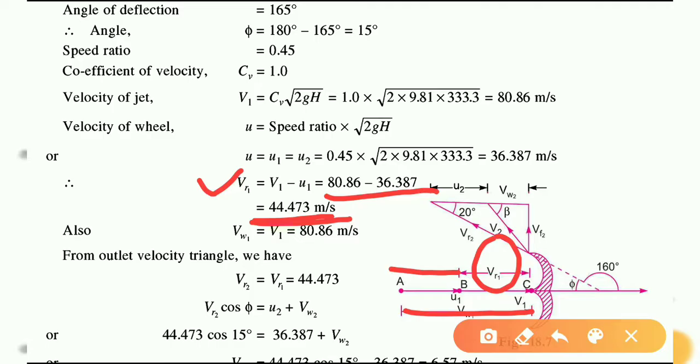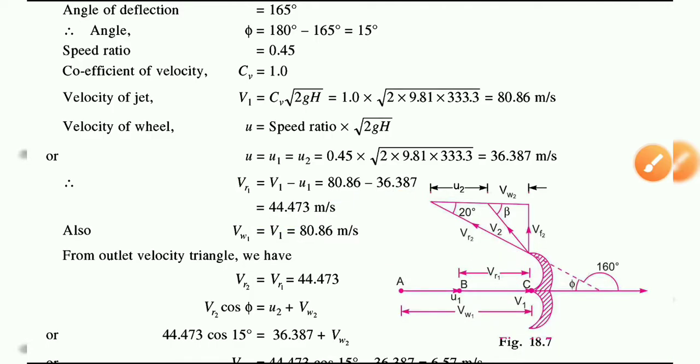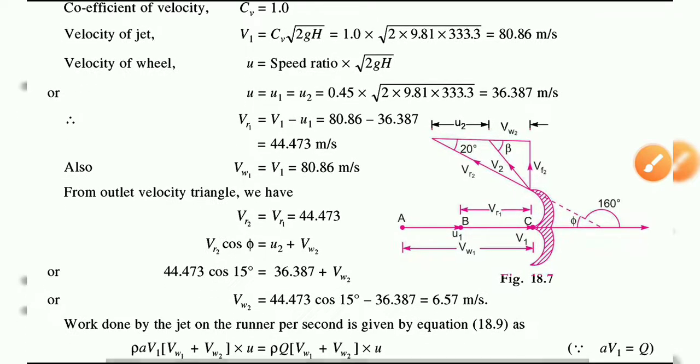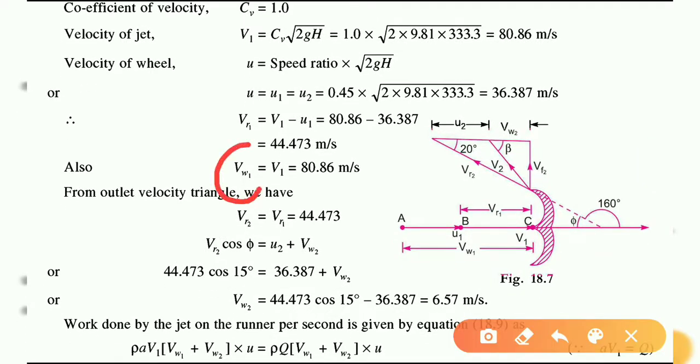So this is the relative velocity. And now in the work formula we need to find out the value of Vw1, and we also know that the value of Vw1 is equal to the velocity of the jet of the water, which is 80.86. Hence the value of Vw1 will be also equal to 80.86.